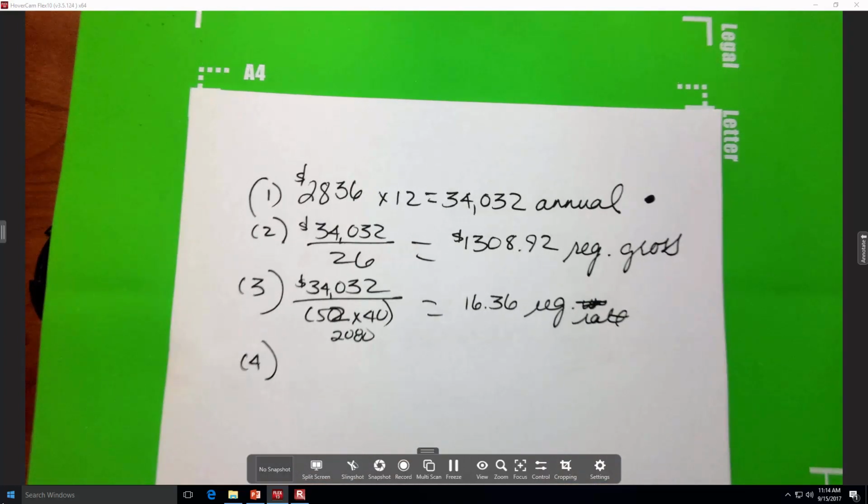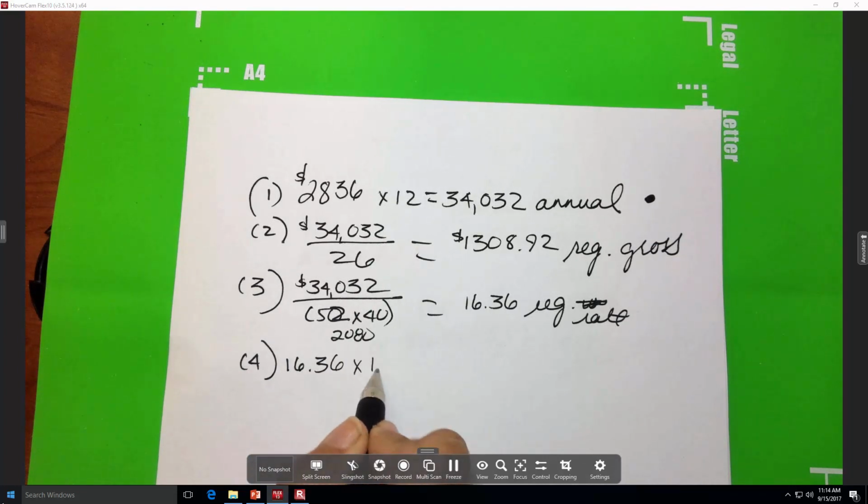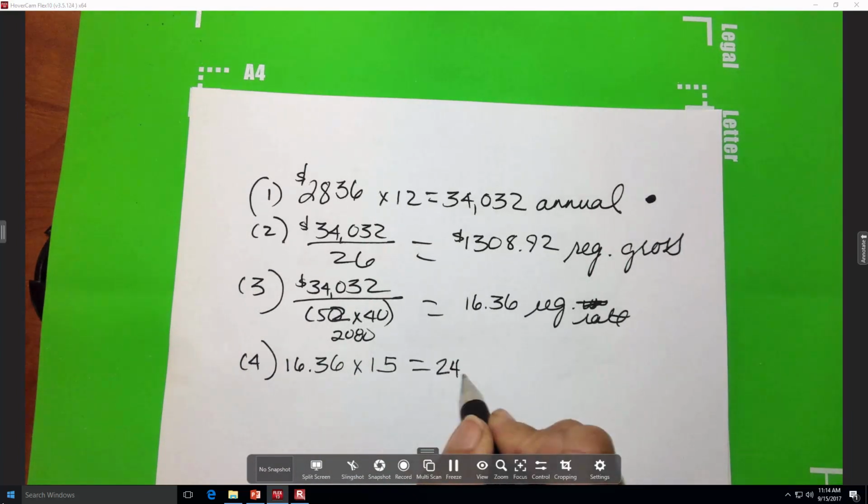Number four, what's my overtime rate? $24.54 an hour.